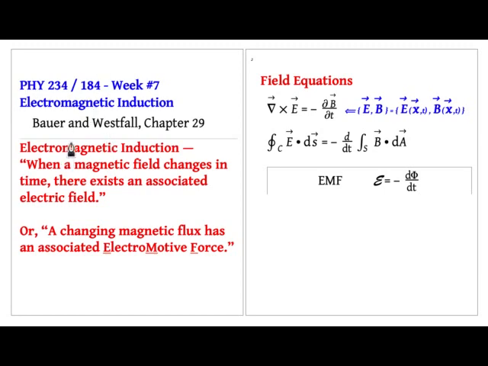So, electromagnetic induction could be stated in several ways. One way of stating it is when a magnetic field changes in time, there exists an associated electric field.